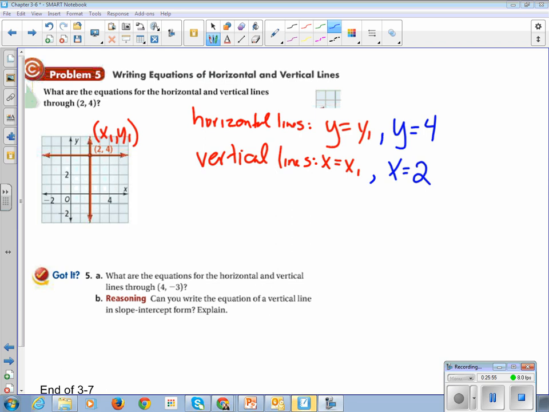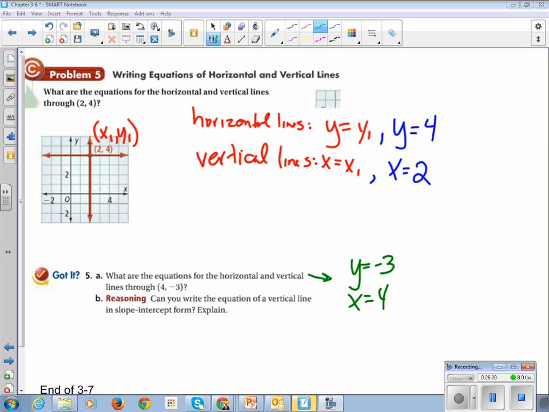The x goes with x and the y goes with y. It's not flippy, changey, rearrangey. All right, so if we apply that to 5a, what are the equations for the horizontal and vertical lines through 4, -3? Well, I'm going to have y equals -3 and x equals 4.